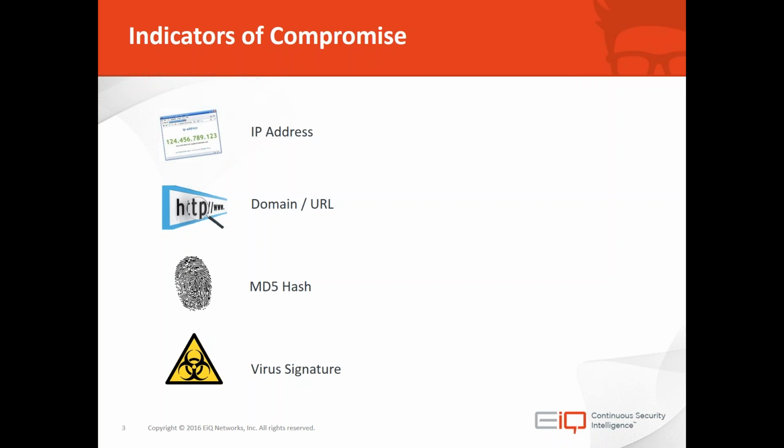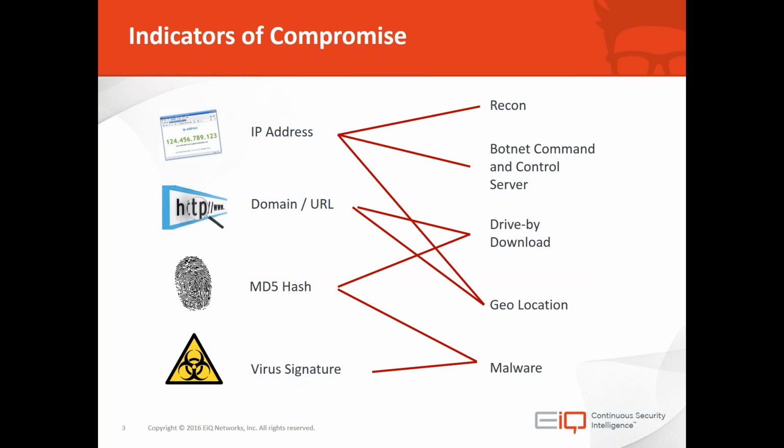It's important to note that these are really just single data points. You've got things like IP addresses, domain names, URLs, file hashes, virus signatures. These are all examples of IOCs. And really, again, they're single data points, and unless you connect the dots, you're not really getting true intelligence out of them.